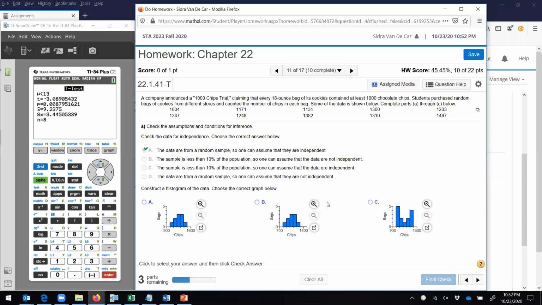Histogram. All right, so we're going from, well, here's 1497, so I know it's not this one.